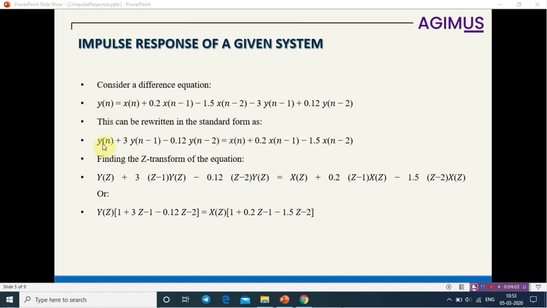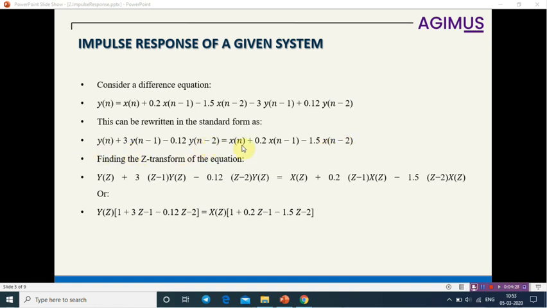I can write it as y of n plus 3 into y of n minus 1 plus minus 0.12 y of n minus 2, that is this, which was plus. If I shift it to the other side, it becomes minus 0.12, is equal to the x parameters. So I have x of n plus 0.2 x of n minus 1 minus 1.5 x of n minus 2. So this is the equation which we have.